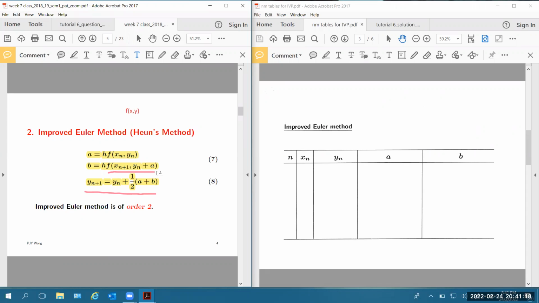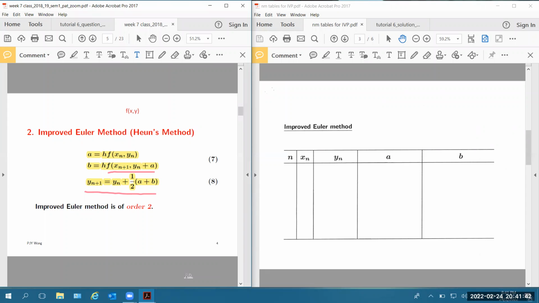You just change the variables to those. Actually, these are not variables, these are the input values. So your x, you substitute xn plus 1, and your y, you put yn plus a. I think this is important. Does everybody understand this kind of notation?